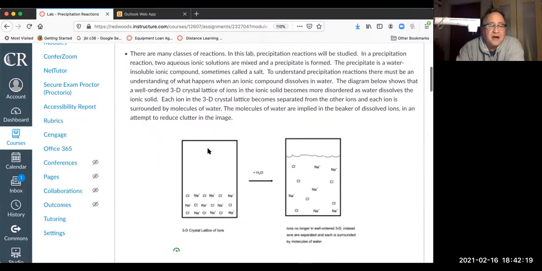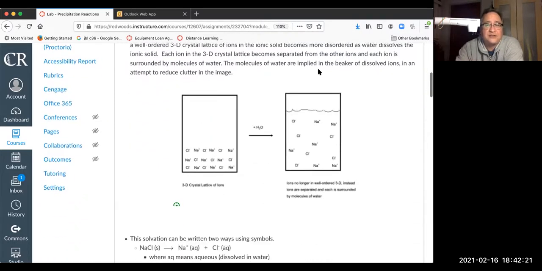So this talks about how things behave when they dissolve. This is a rather tiny image, but on the left, you're supposed to see sodium ions next to chloride ions in a very rigid 3-dimensional structure. Here, it's only 2-dimensional because it's really hard to do 3D on paper. So on the left here, we have a solid.